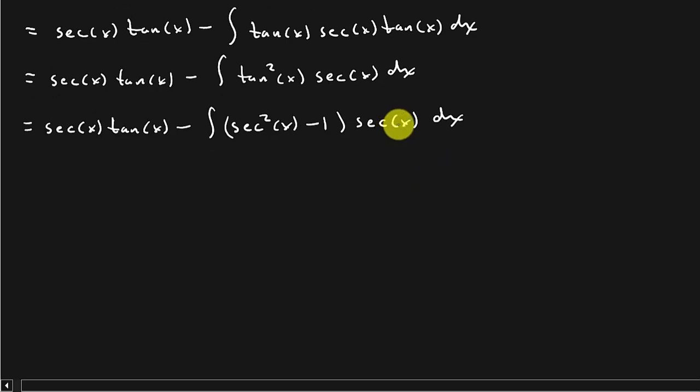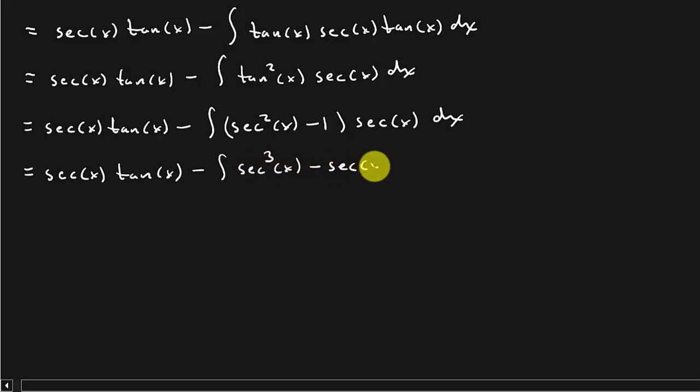And then let's distribute this secant x right here. So that's secant x tangent x minus the integral secant cubed x minus secant x dx.